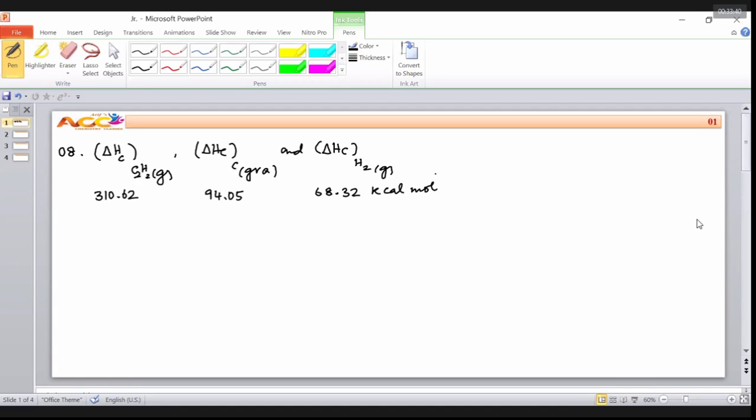Why per mole? Molar. He is using the first word molar, right? Okay. Find the heat of formation of acetylene.